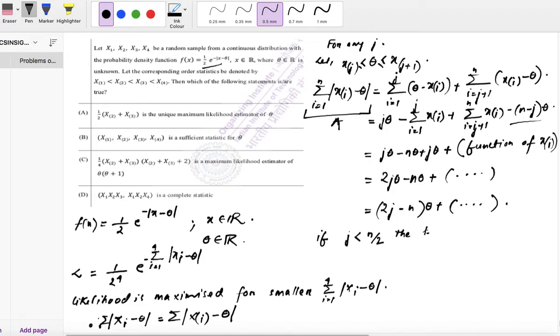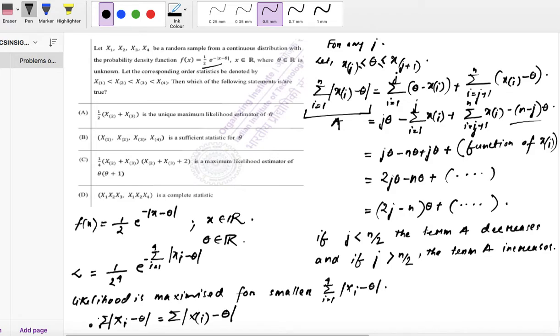The term a decreases, and if j is greater than n by 2, the term a increases, right?